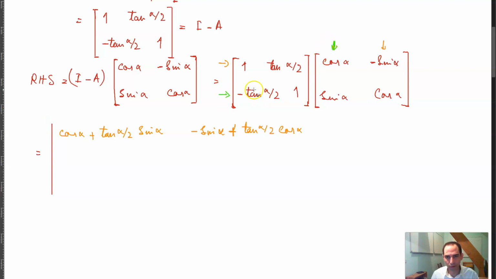Then you have this row times this column, where you have negative tan of alpha by 2 times cos alpha, plus 1 times sine alpha, which is sine alpha. And then you have negative tan of alpha by 2 times negative sine alpha, which is positive tan of alpha by 2 times sine alpha, and plus cos alpha.